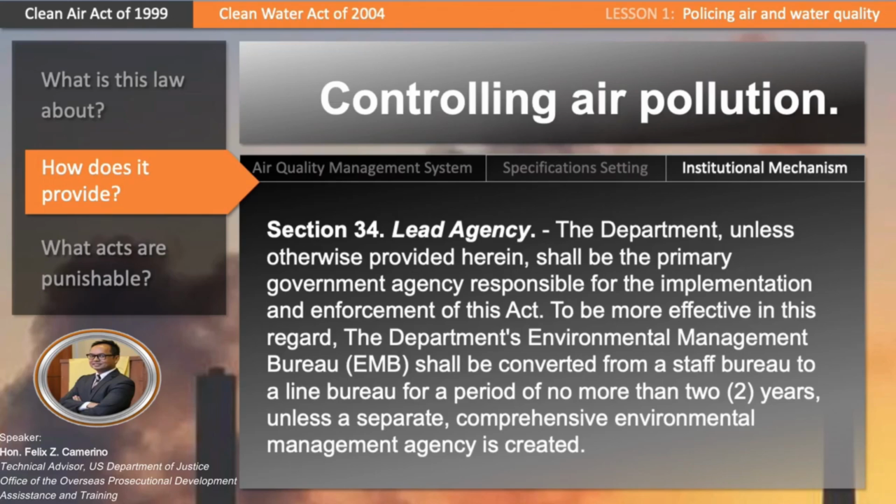Environmental Management Bureau, the law specifically converts it from a staff bureau into a line bureau.